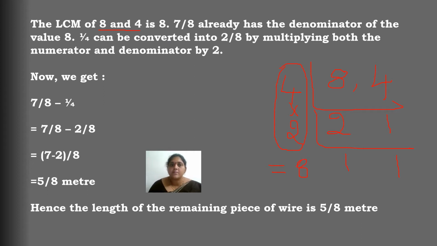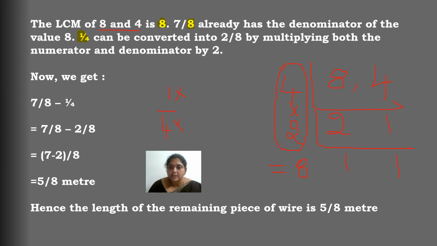Here, LCM is 8. Now, 7 by 8 already has the denominator of that value. So, 8 is already present in the fraction. No need to touch that fraction. Now, what is your next fraction? That is 1 by 4. This 1 by 4 can be converted, how? If you want the denominator as 8, you have to multiply this number with which number?